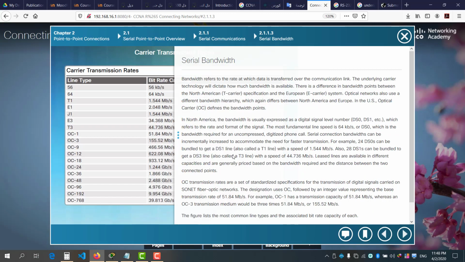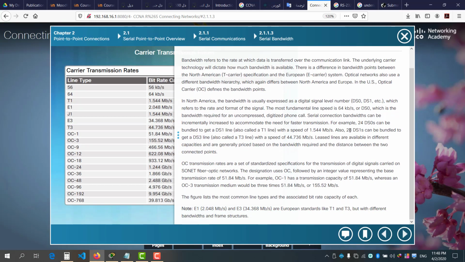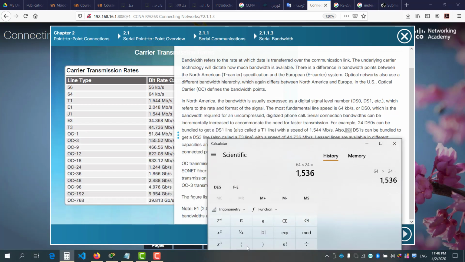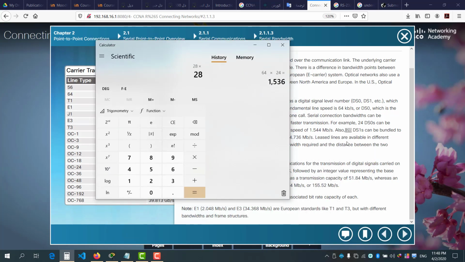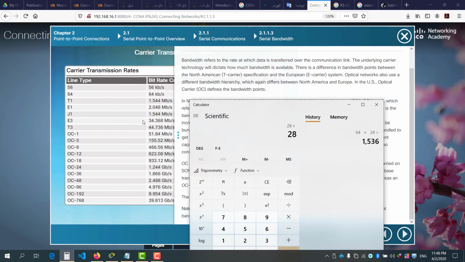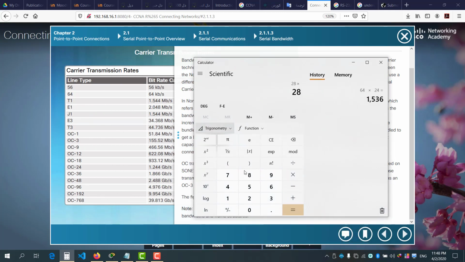The same thing for T3. Also, 28 DS1 can be bundled together to have a DS3 line, which is called T3. Now we will multiply 28 by the basic unit DS1, which is equivalent to T1, with capacity 1.544.